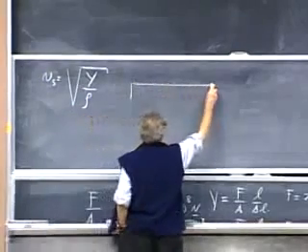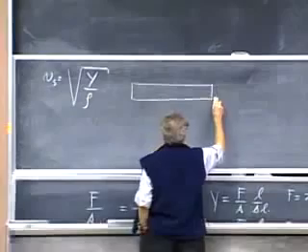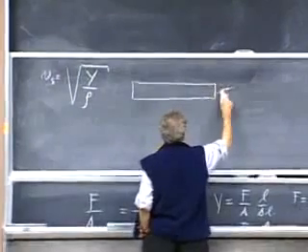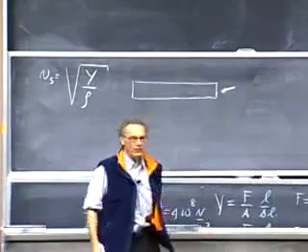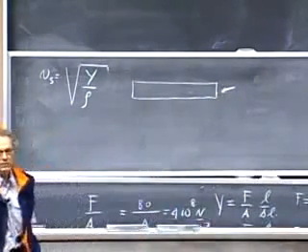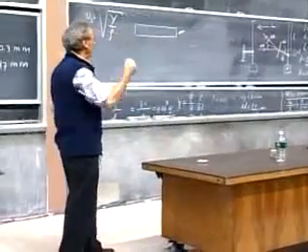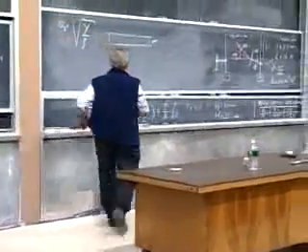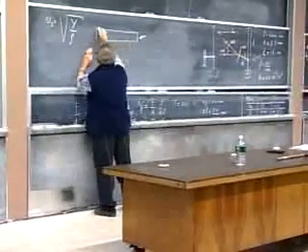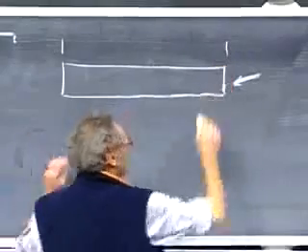If I have here a rod, a bar, and I give this bar here a bang, I hit it. If this bar were infinitely stiff, that means Young's modulus were infinitely high, then the bar would instantaneously move here when I hit it there.